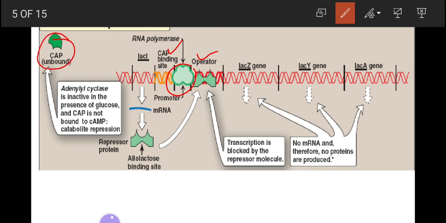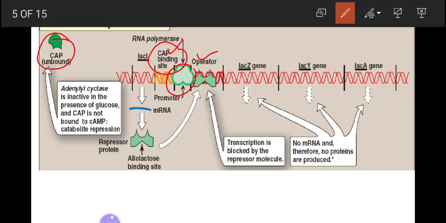It will bind here after binding with cyclic AMP, but not in this case, because glucose is present. For efficient transcription, the CAP binding site should be bound with cyclic AMP and CAP.